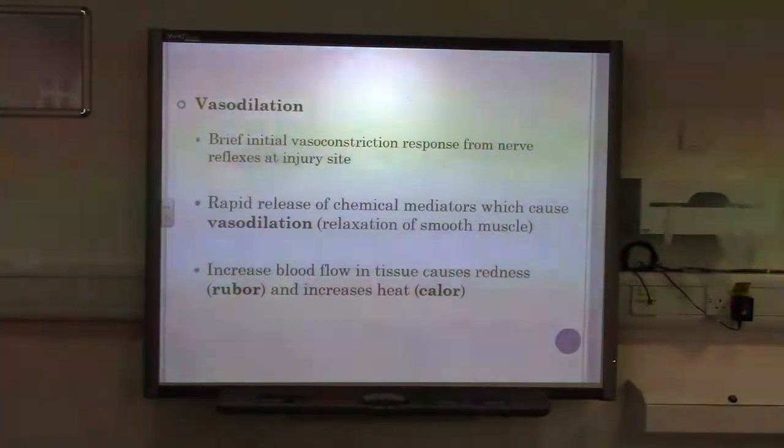And if there's a relaxation of smooth muscle, there's vasodilation, more blood can then flow to the area of injury, the blood which has the vital cells needed for the inflammatory stage and indeed for healing. So this increases blood flow in the tissue, which causes redness, that rubor, and then with that you've got heat, so the colour, signs of inflammation.